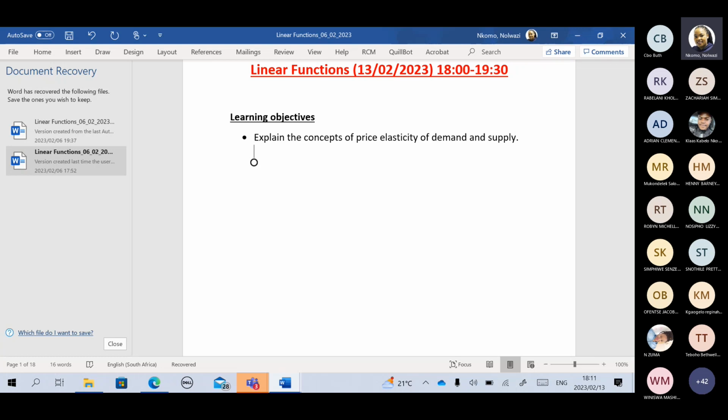Thank you. Okay, I was saying, let's say you have a business, right? The reason you need to know the price elasticity of demand and supply is because price elasticity refers to the degree to which the demand or supply changes in response to a change in price.